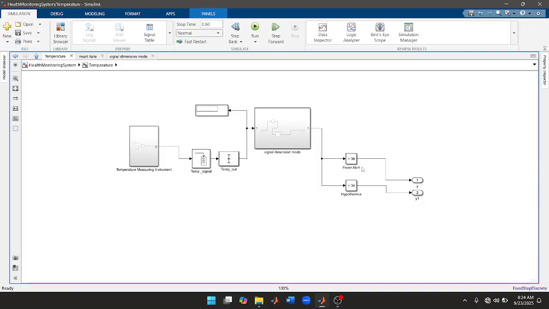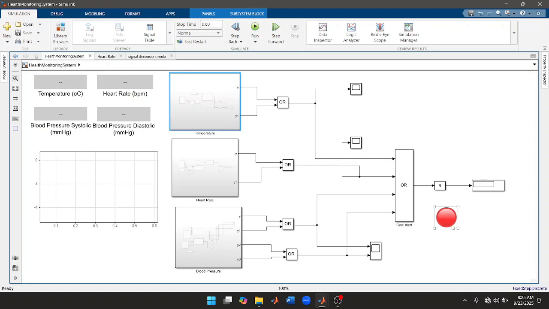That means the patient is in danger of a fever. Then if the temperature is below 34, that means the temperature is low, and the patient is suffering from hypothermia. Whichever way, this system is going to send a signal alert, which is this button.